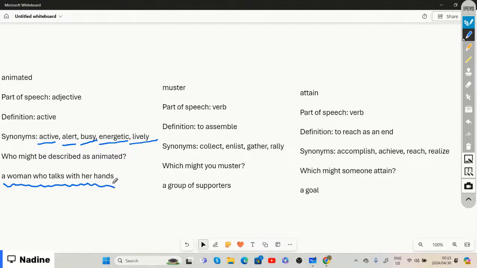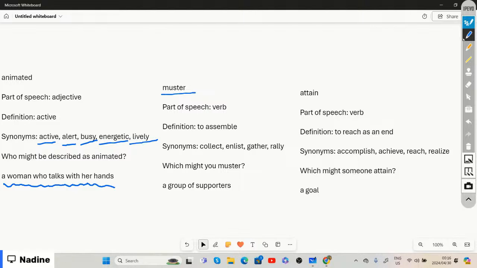All right, if we look at a second word, the word is muster, not master, or mister. It's not mister, it's muster.